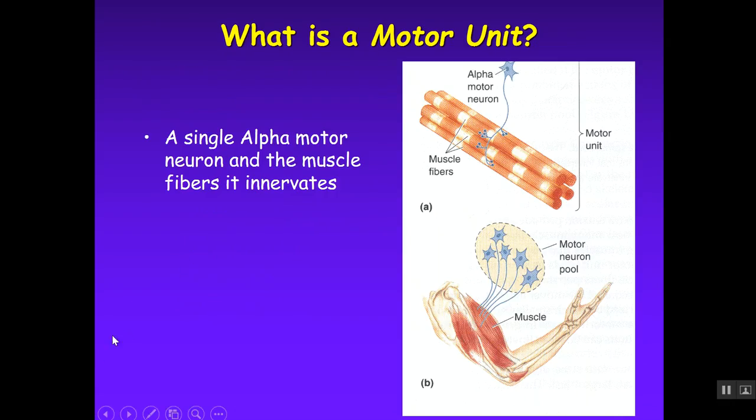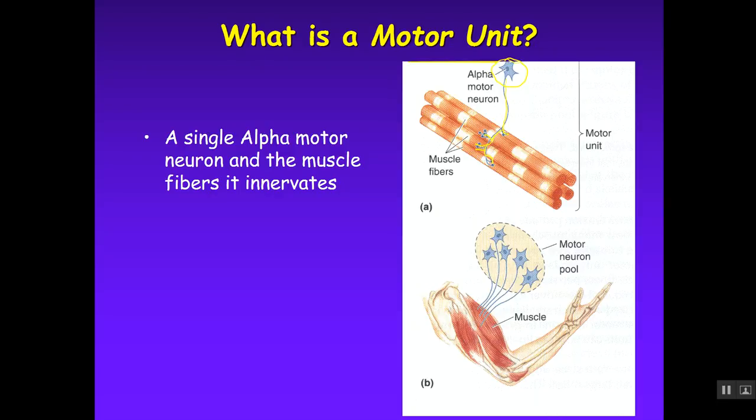Let's define this thing called a motor unit. A motor unit is a single alpha motor neuron and all of the muscle fibers it innervates. So most alpha motor neurons innervate more than one muscle fiber, okay? When you have big, gross moving muscles like your quads, your glutes, you might have one huge anterior horn cell that innervates a lot of muscle fibers.